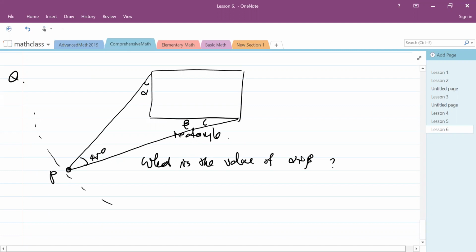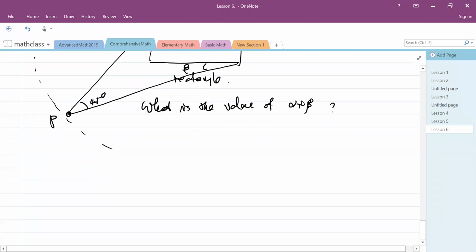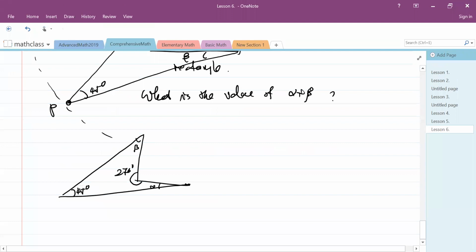This is just a review of the formulas we learned. To solve this problem, you just need to look at this polygon. Here's alpha, here's beta, here's 45 degrees, and that is the interior angle. The interior angle is 270 degrees.